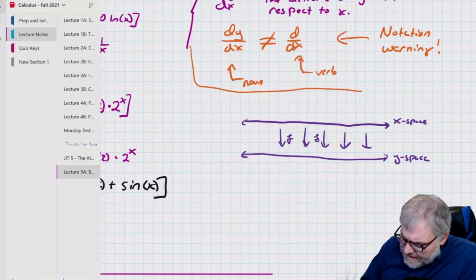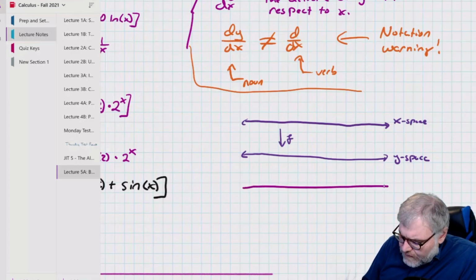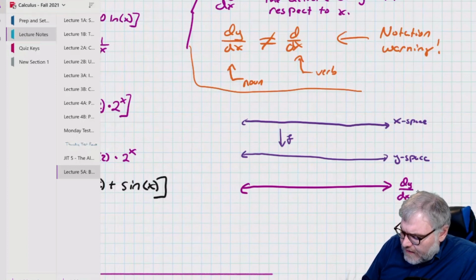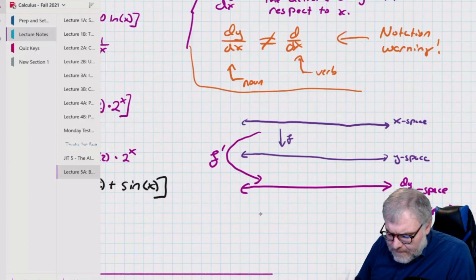It drags x values and takes them into y values. Okay. f prime takes values from x and doesn't return y values. It returns dy over dx values. And you sometimes see this as y prime space as well. But it's important to note that that's a different space. So that's what f prime is doing.